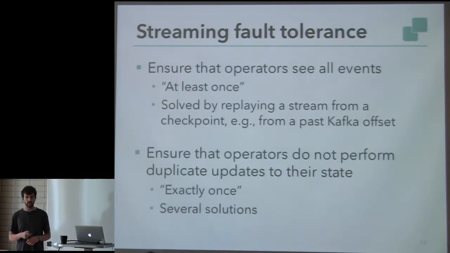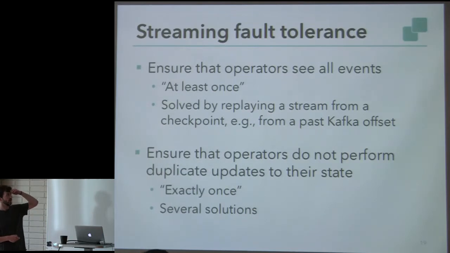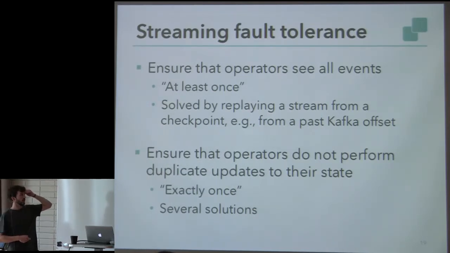So there are basically two types of guarantees for streaming. One is called at least once, and the other one is called exactly once. At least once is a weaker guarantee because it just says data will flow at least once through a data flow, but it could also flow through it several times.